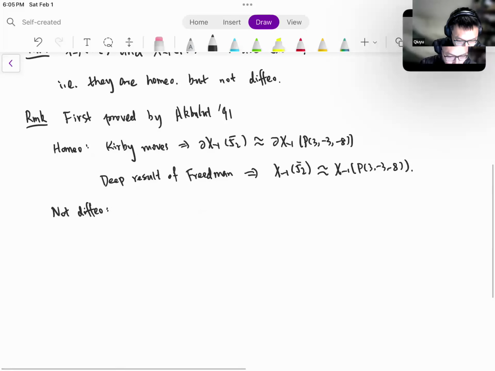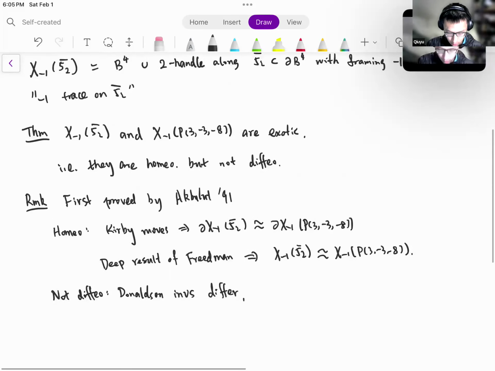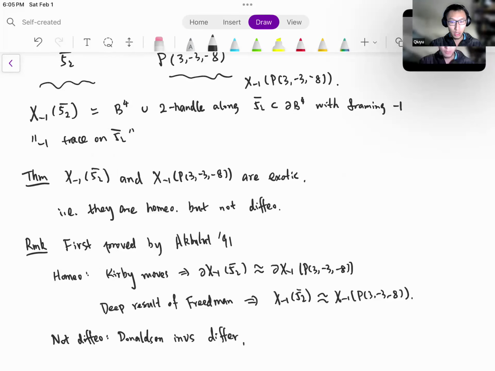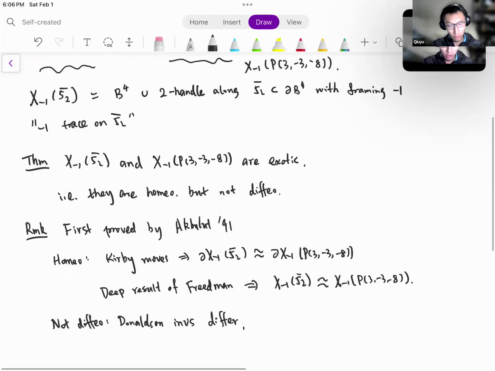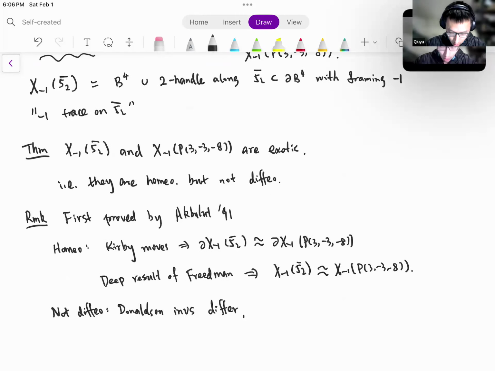Akbulut was able to show this by a very intricate calculation of the so-called Donaldson invariants. He showed that those two four-manifolds have different Donaldson invariants, which are invariants defined for smooth manifolds, and different Donaldson invariants imply that they are not diffeomorphic.